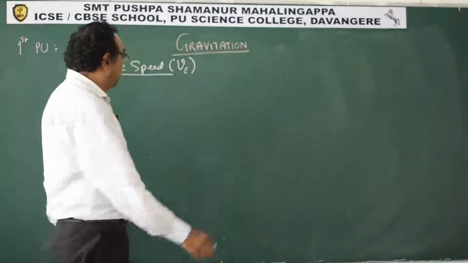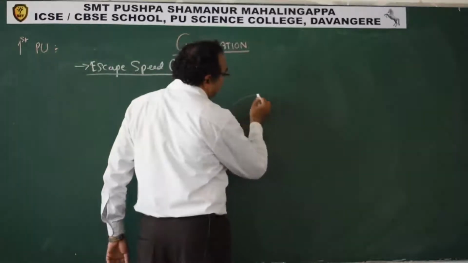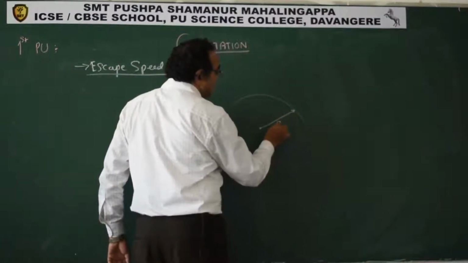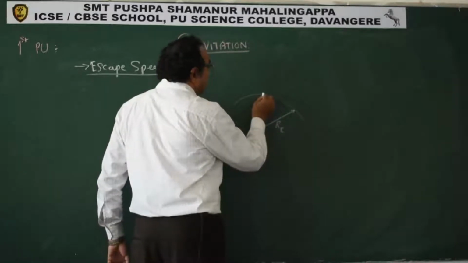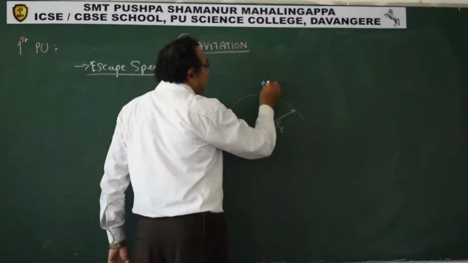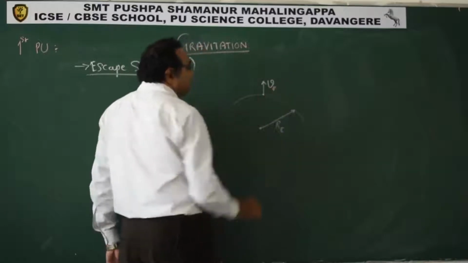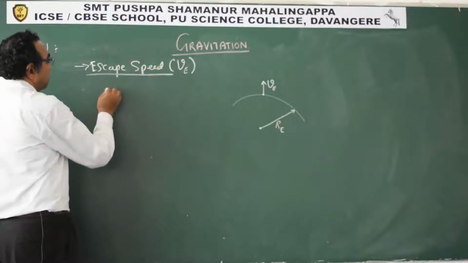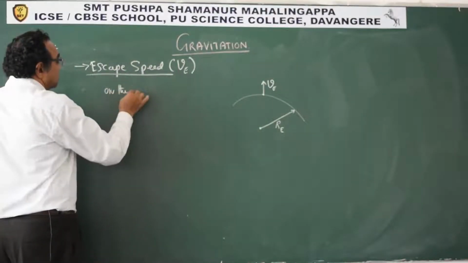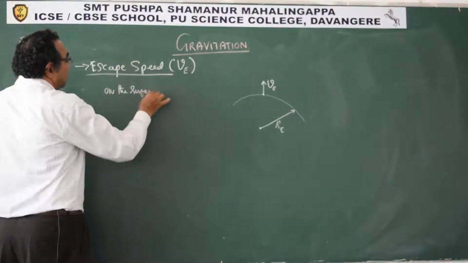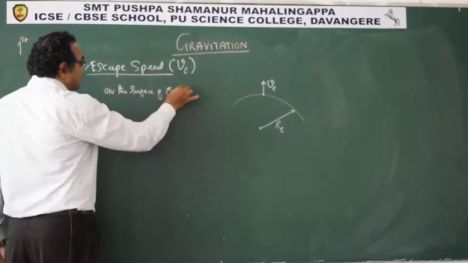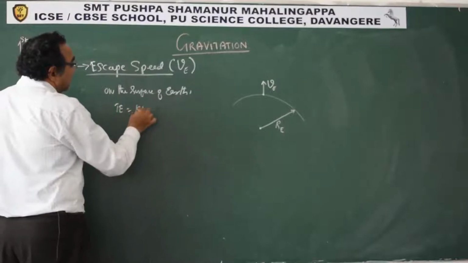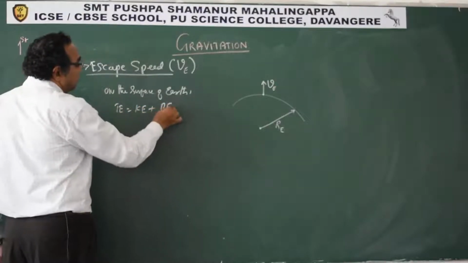Now see here, this is the surface of Earth, this is the center of Earth, and this is the radius of Earth. From this point we are projecting with a velocity, let us say VE. On the surface of Earth, the total energy will be kinetic energy plus potential energy.